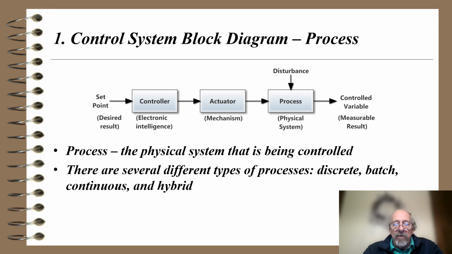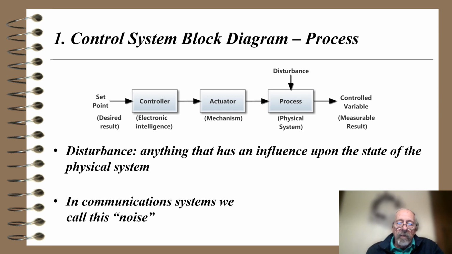What about the process? The process is the physical system that's being controlled. There are several different types of processes. They can be called discrete, batch, continuous, and hybrid combinations of the prior ones I just mentioned. What about this arrow that goes into the process called disturbance? Well, anything that has an influence upon the state of the physical system is a disturbance.